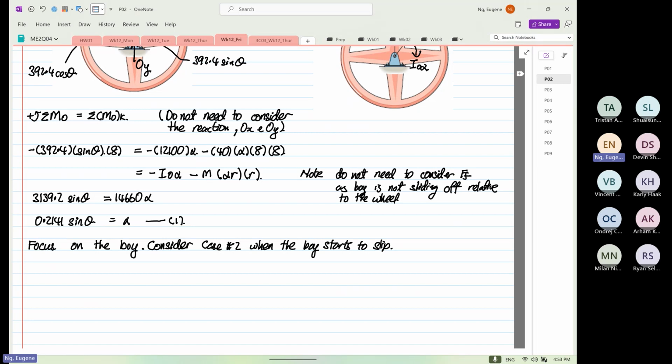See it again. The constant object over here is the wheel. Whether the boy slips or not, the mass moment of inertia of the wheel is still the same. Remember that. So that's why when the boy starts to slip, do you consider the wheel or the boy? The boy. Who starts to slip?